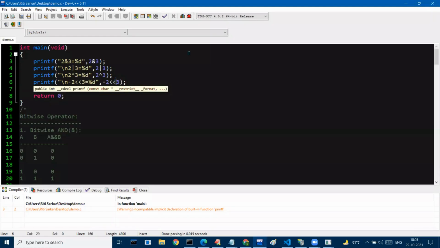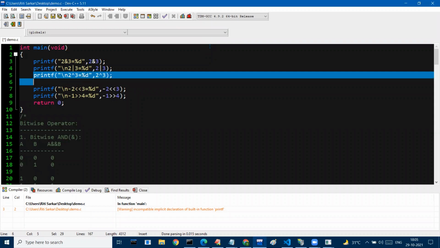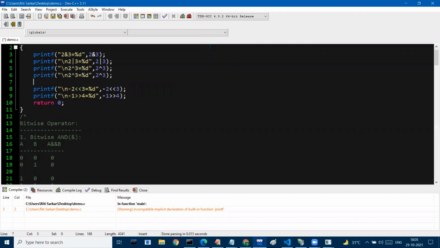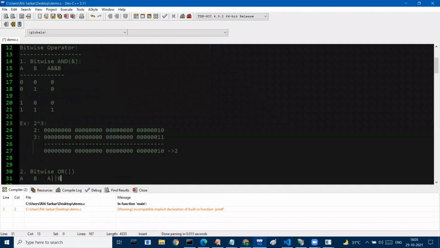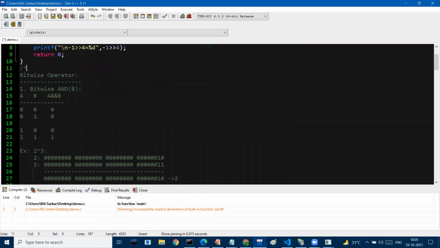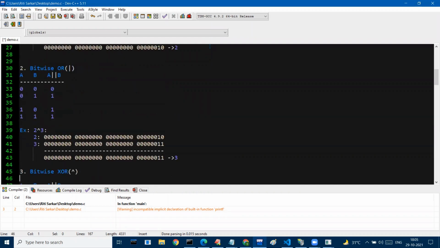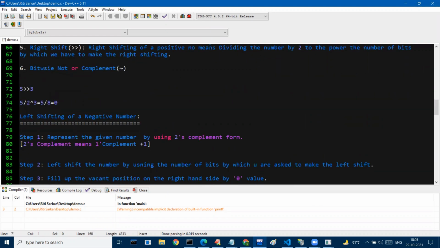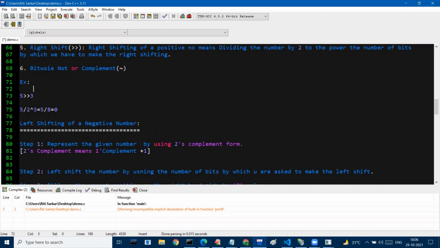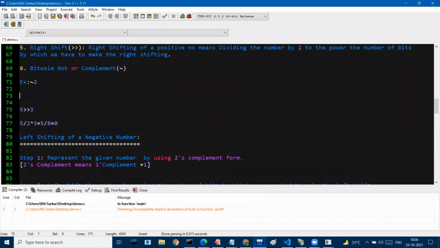Let me take that one also. Complement. Complement of 2. Observe carefully. Don't think that just by complementing you will get the result. No. The most significant bit will come into the picture. Suppose you are asked to find the complement of 2.